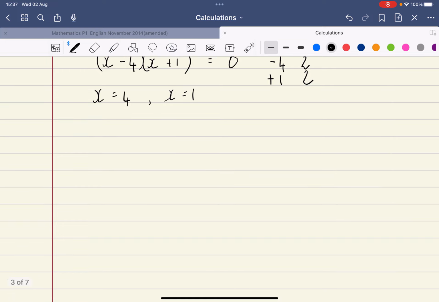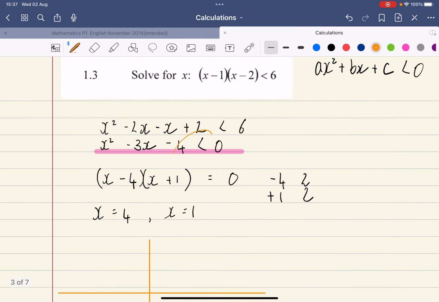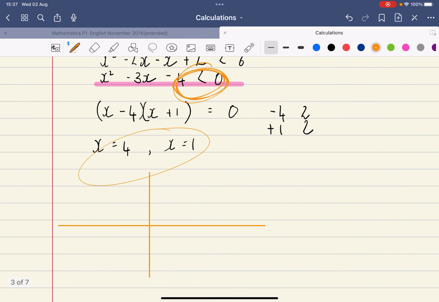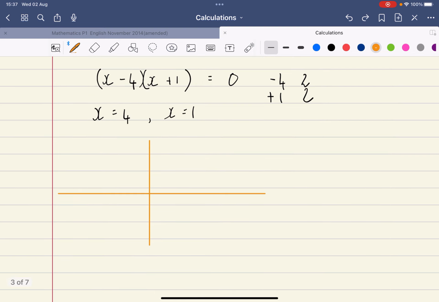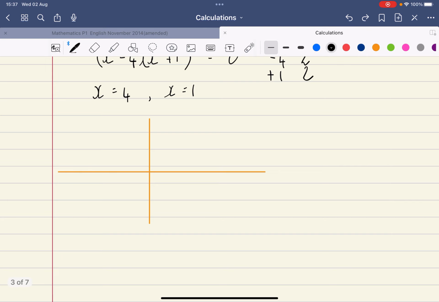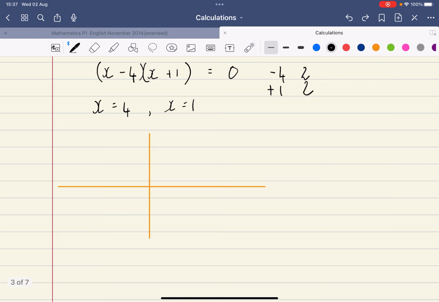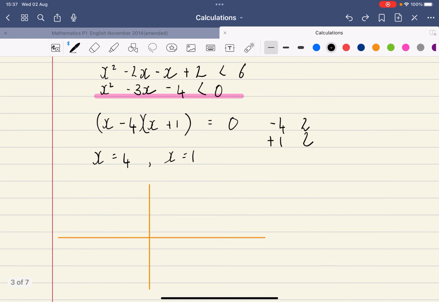Now we draw a graph to visualize where this expression will be smaller than 0, because remember, we're dealing with an inequality, we're not finished. So let's draw our graph. We don't have to go precisely in detail, for example, the y-intercept and such, we just need a rough sketch. So, will our graph look happy or sad?